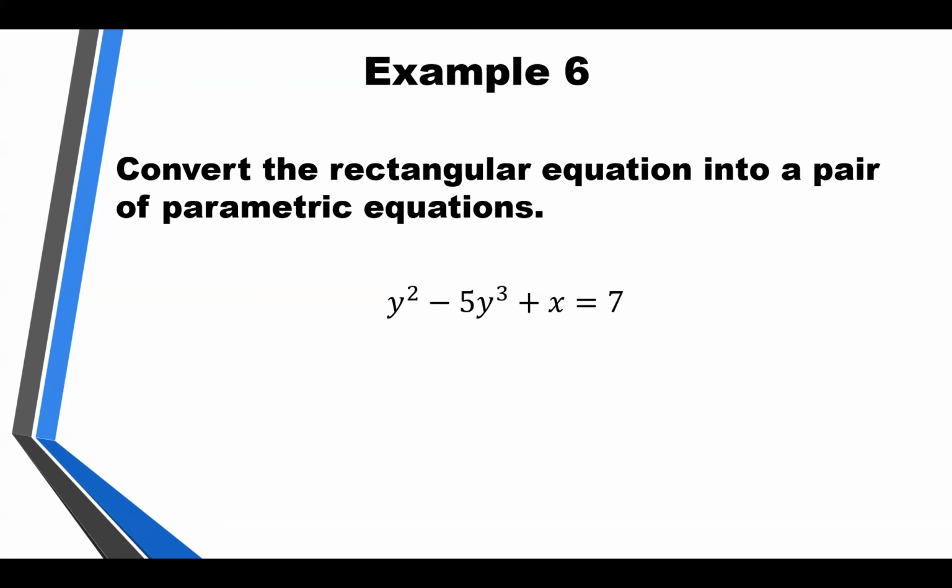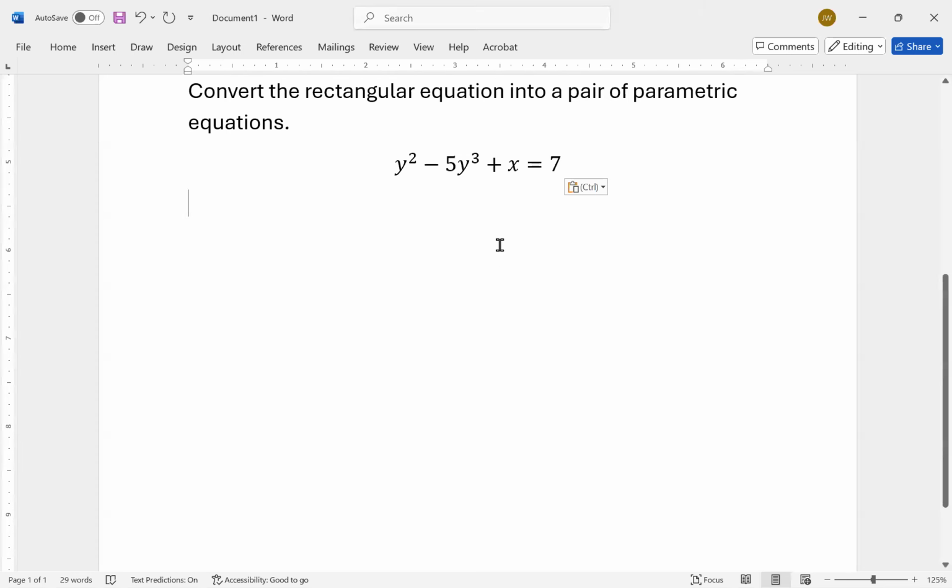So that's what I'm going to do. I'm going to force the x on one side of the equation, and we'll get x equals an expression with respect to y. And that way I can do my direct substitution.